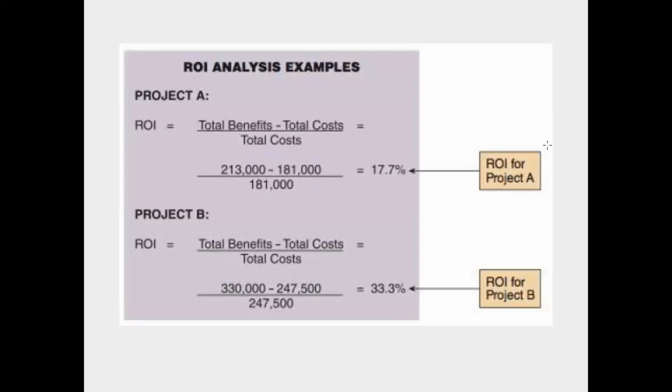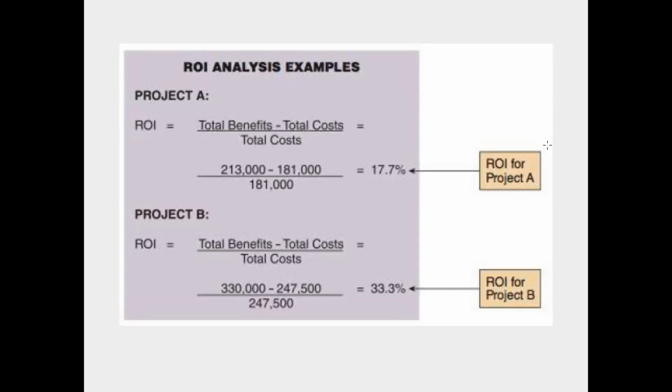It's around 17.7 when you round it to one decimal place. Project B: we have 330,000, subtract 247,500, divide by 247,500. It's 33%. So ROI for project A is 17%, and ROI for project B is 33%. Okay, good.